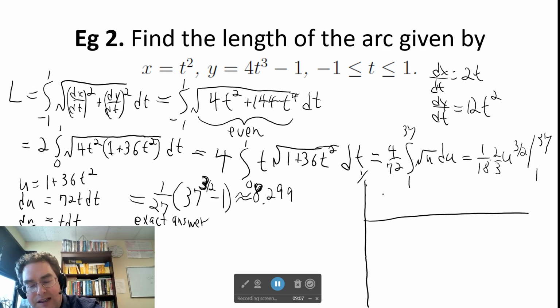What we find is that the initial point of this curve is at 1, -5. So down here, pretty sure that's the initial point. Let's double check it. When t is -1, -4 minus 1 is indeed -5. Yep.